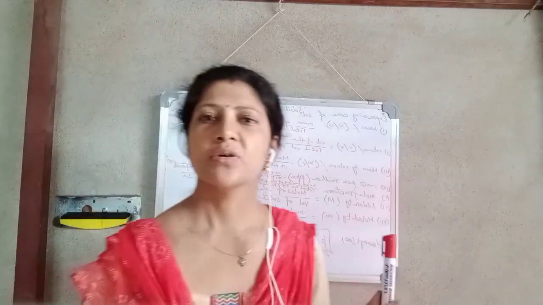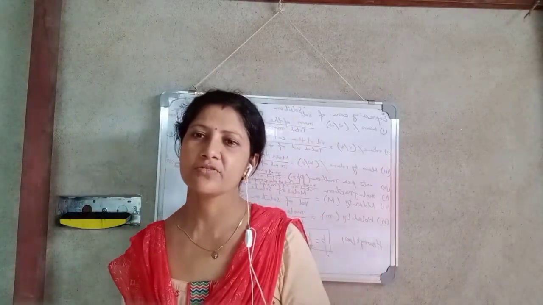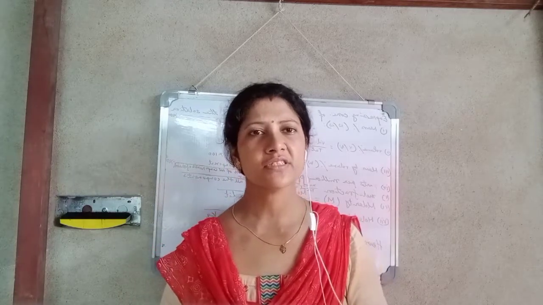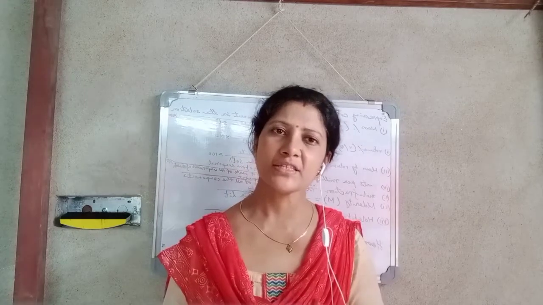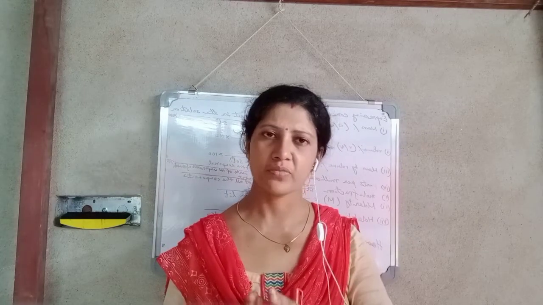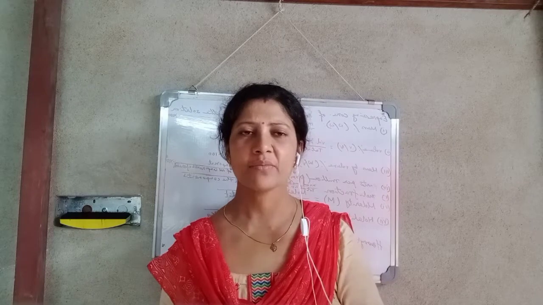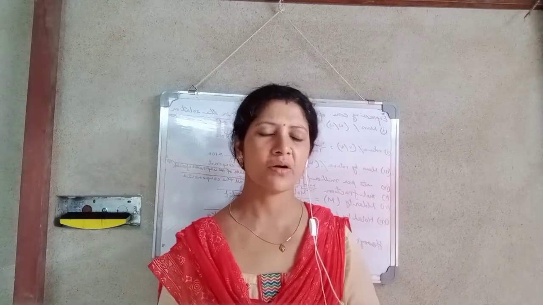Now students, we discuss solubility of gas in liquid. So students, what is solubility? Solubility of a substance is the maximum amount of solute that can be dissolved in a specified amount of solvent.